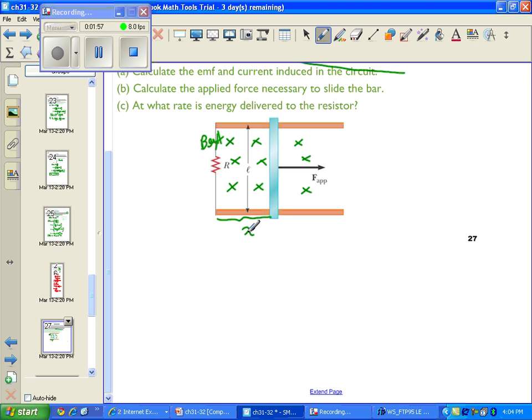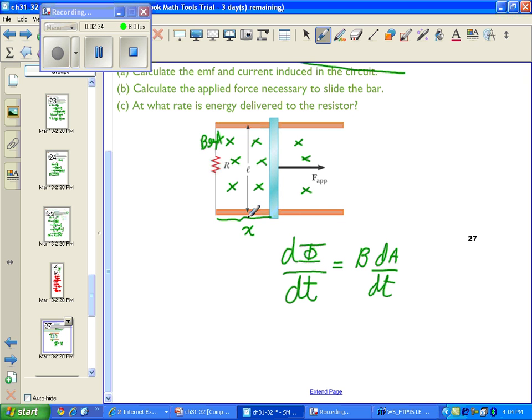Well, we know that this dimension of the area is increasing because the rod is being pulled to the right. And so if we just consider first the changing magnetic flux, and look at the time rate of the changing magnetic flux here, it's going to be equal to the magnetic field, which itself is not changing, times the changing area with respect to time, and that is what is happening.